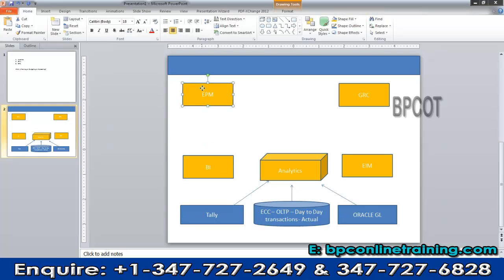Then we are going to talk about EPM. What is EPM? EPM means, as I said, enterprise performance management. Let's see what this enterprise performance management is.